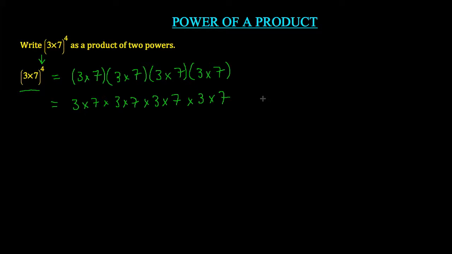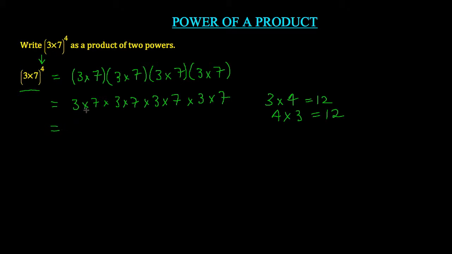Many of you will recognize that order doesn't matter when we multiply numbers. 3 times 4 gives us 12, and 4 times 3 gives us 12. So we could reverse the order that we're performing these multiplications.